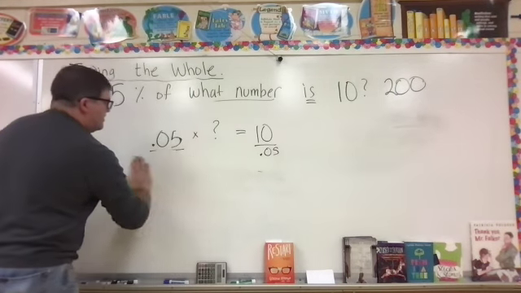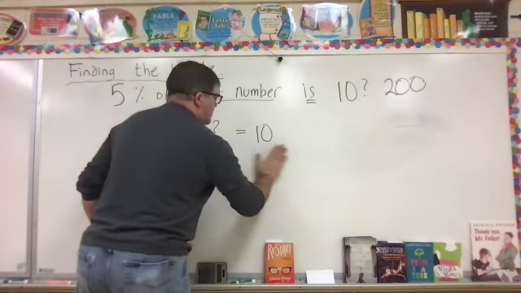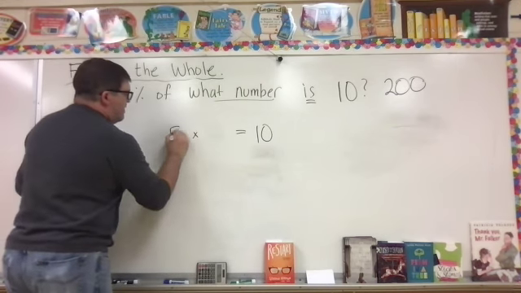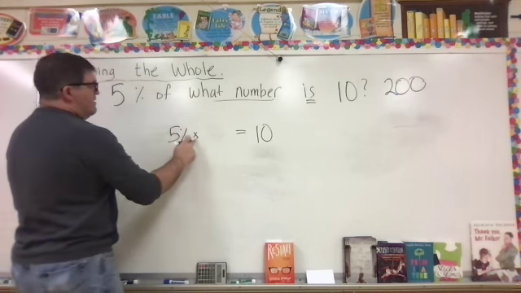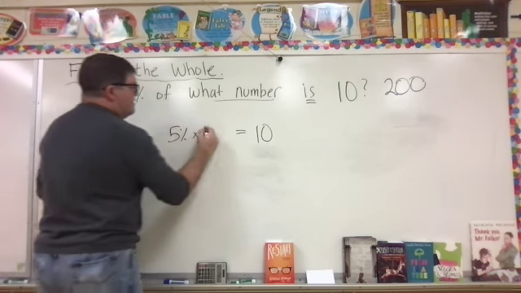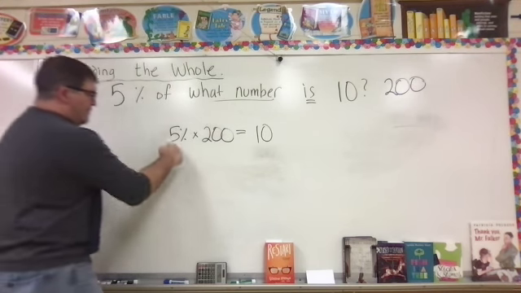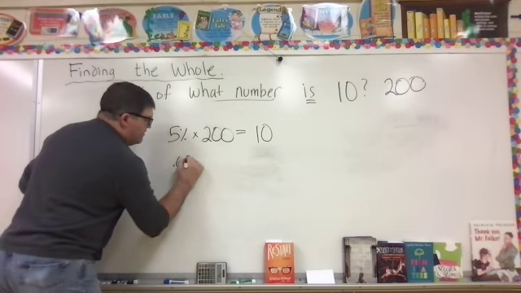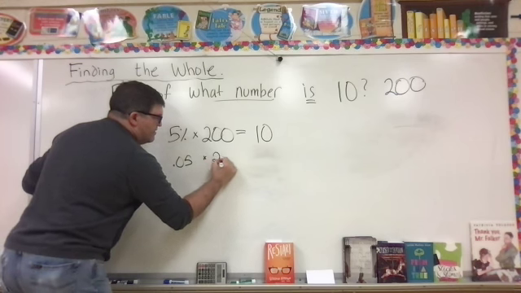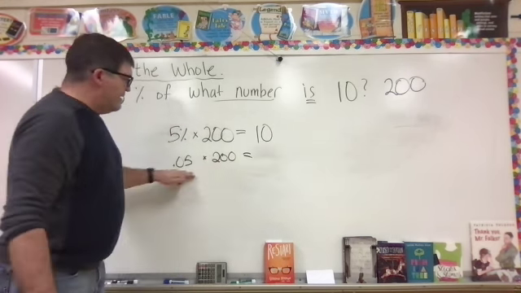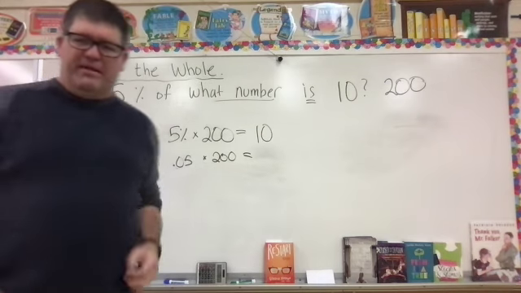So I'm going to change this, and I'm going to say 5% of 200 equals 10. So I make this a decimal, 0.05 times 200. And I don't do this side, because if this side equals that, then I have it balanced.